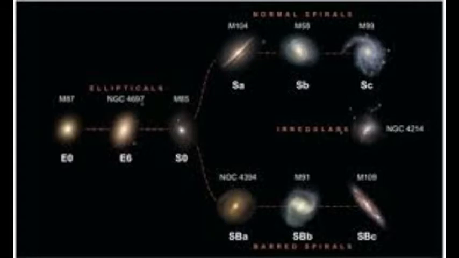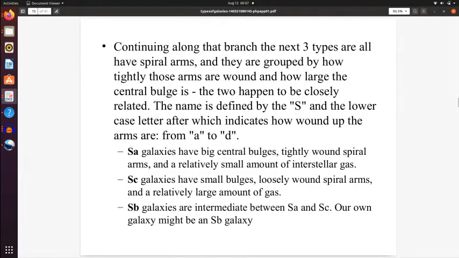A large central bulge and broad arms correspond to spiral A type galaxies, while a small central bulge and well-defined spiral arms correspond to spiral C type galaxies.